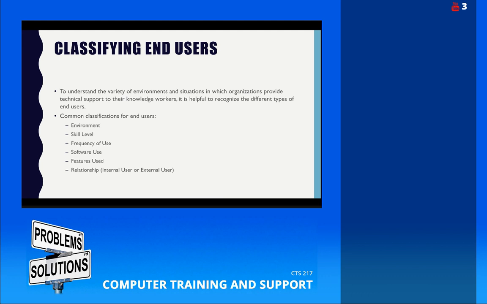We don't want the customer to ever really see this end user classification tool. We don't really want the customer to know that we're classifying them. But we do want to try to classify our customers and help ourselves understand where they're coming from.